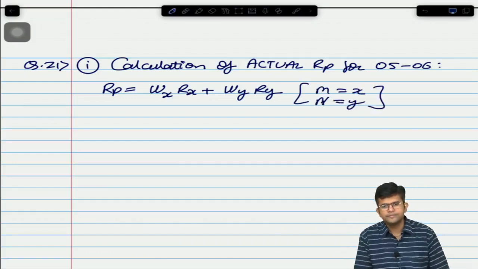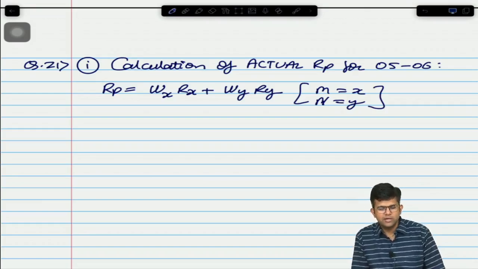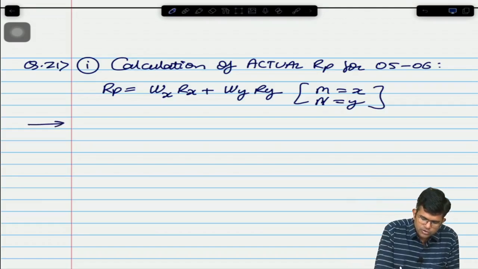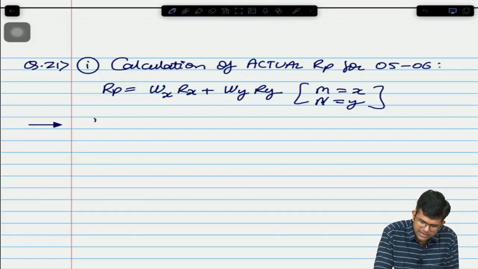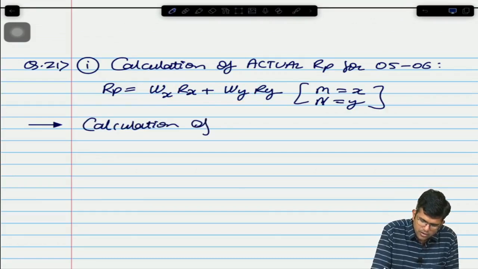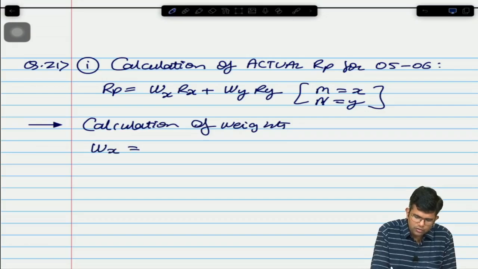Everyone ready? Okay. Now students, listen to me very carefully. Small points are there, you have to understand. First, I need to calculate weights. So I will say calculation of weights. Students, I don't know how you do it. You figure out WX and WY calculations.